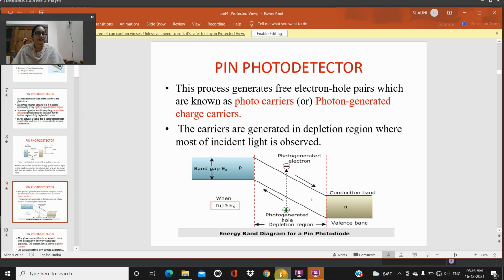This process generates free electron-hole pairs, which are known as photocarriers or photon-generated charge carriers. The carriers are generated in the depletion region, where most of the incident light is absorbed. Photo-generated electron or photo-generated hole.